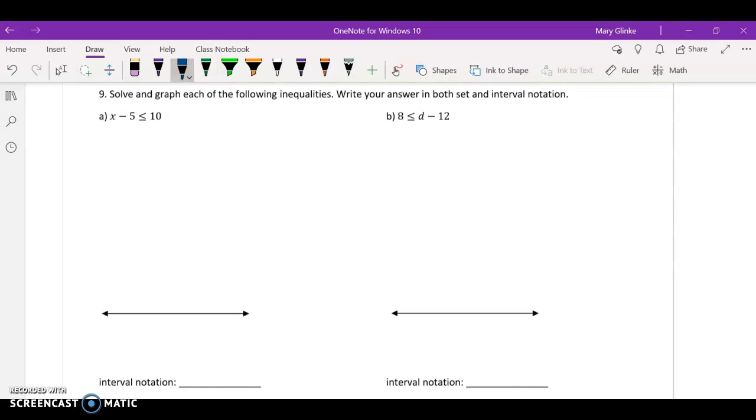So to solve it, we're going to get x by itself by adding 5 to the other side. We get x is less than or equal to 15, which means on my number line, 15 is going to be my boundary. I'm going to have a filled in circle, and I want everything smaller than that, so it's shaded to the left.